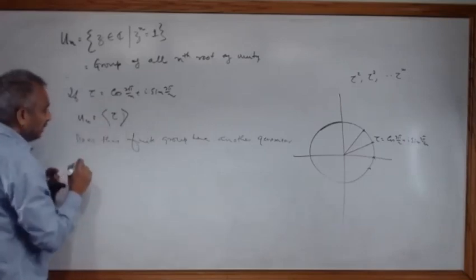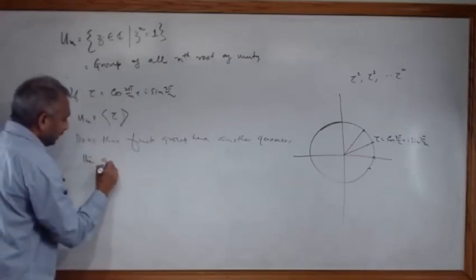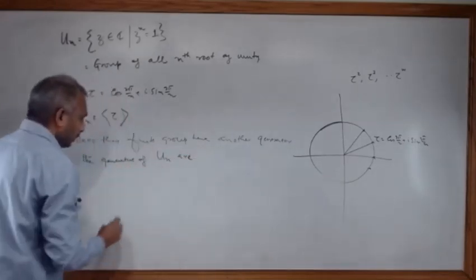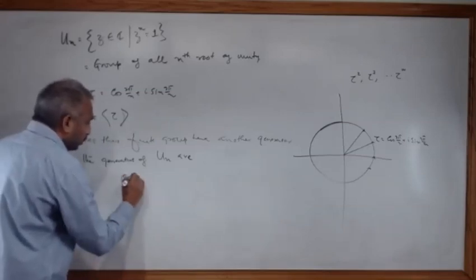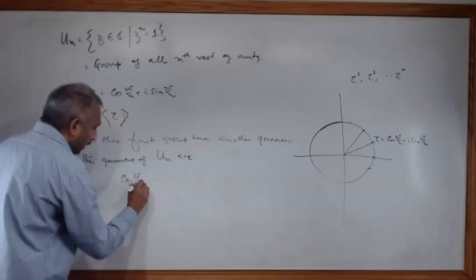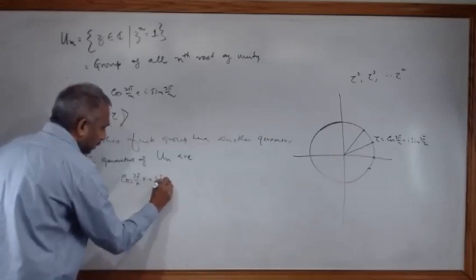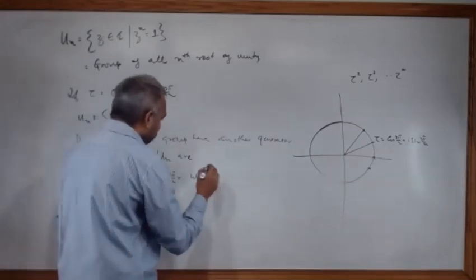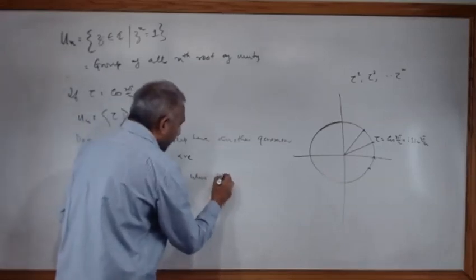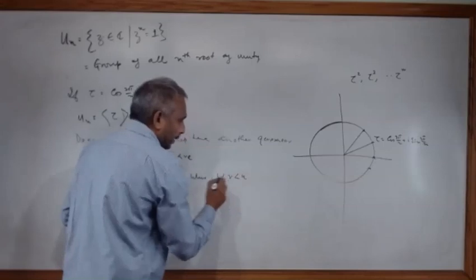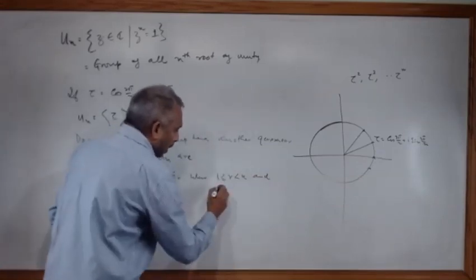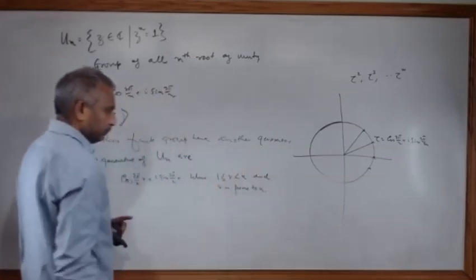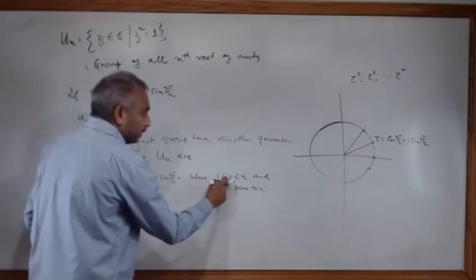The generators of Un are cos 2 pi by n times r plus i sine 2 pi by n times r, where 1 is less than or equal to r less than n, and r is prime to n. Not all the numbers, but they should be prime to n.